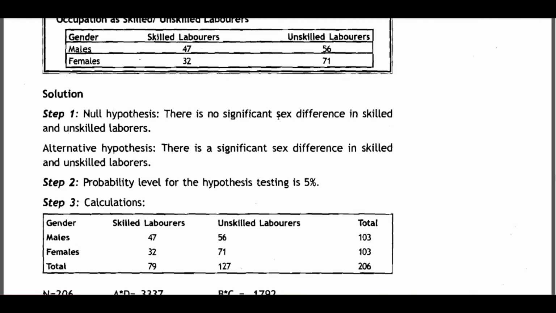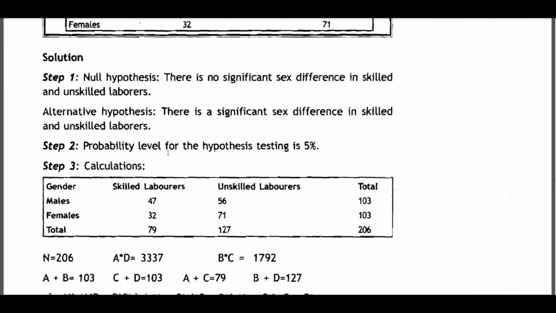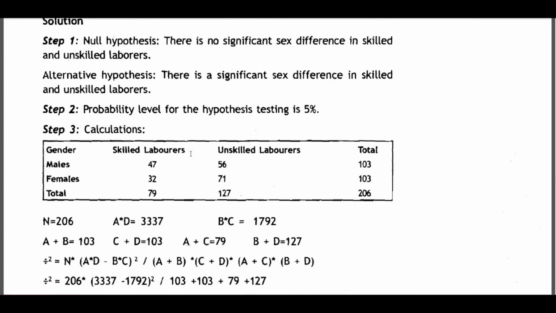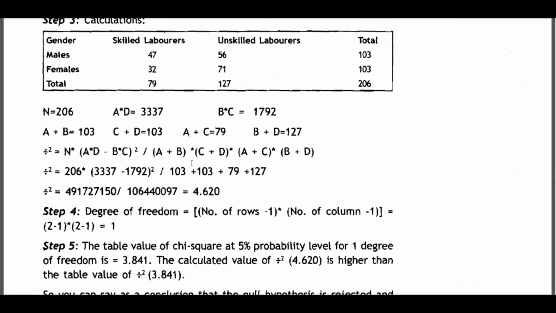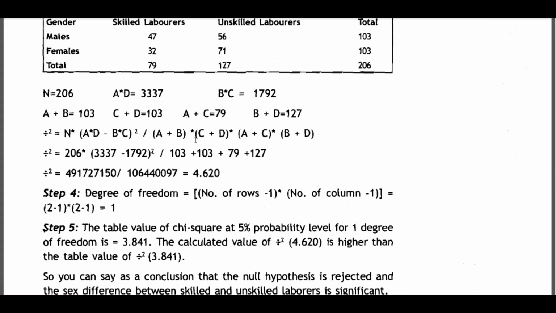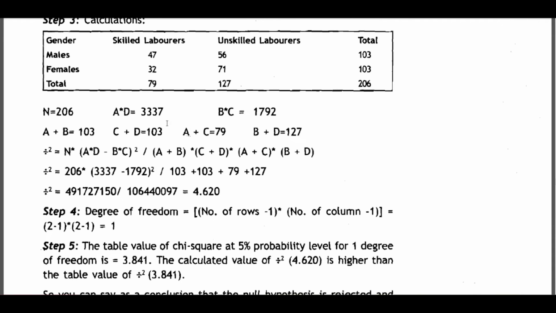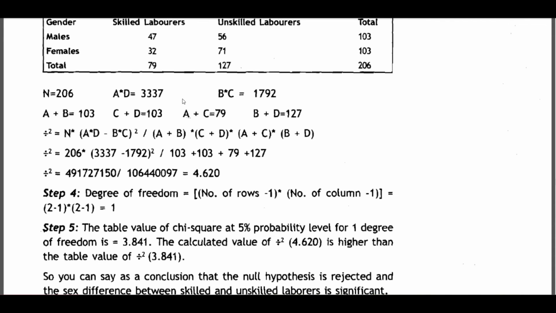Null hypothesis: no significant sex difference. Alternative hypothesis: there is a significant sex difference in skilled and unskilled labor. The probability level for the hypothesis testing is 5%. So calculations, when we do that, are as we did earlier in the short form, because this is a 2 by 2 form.